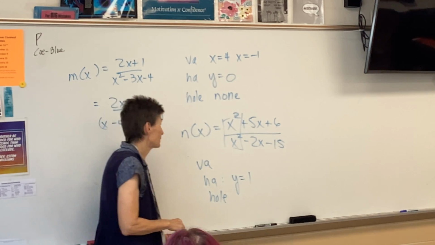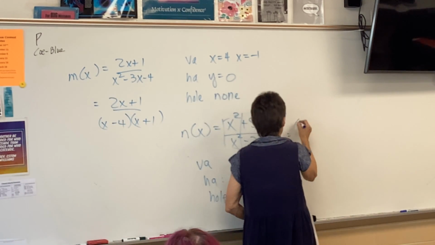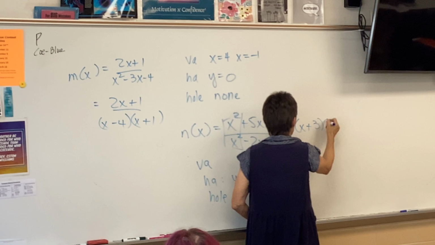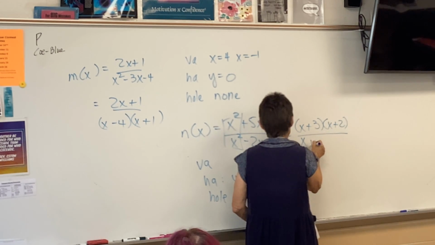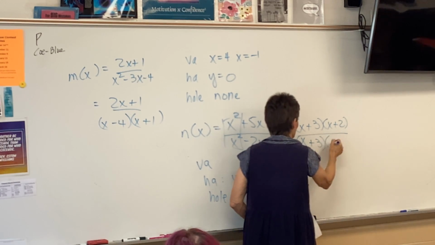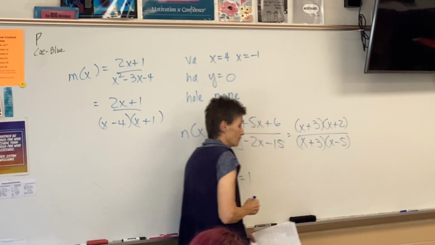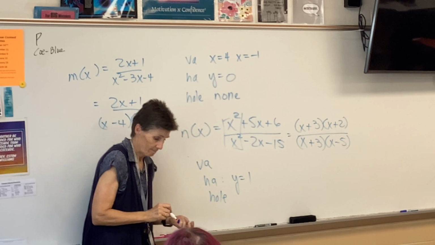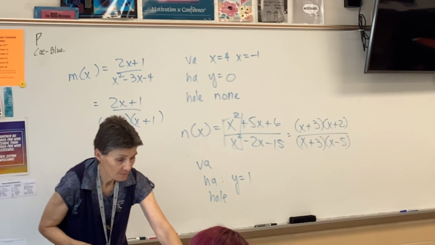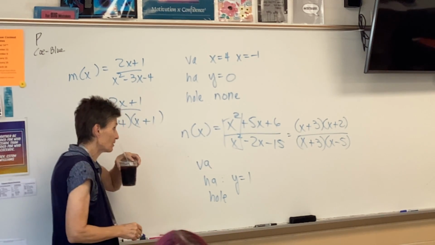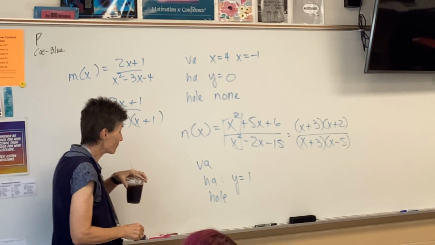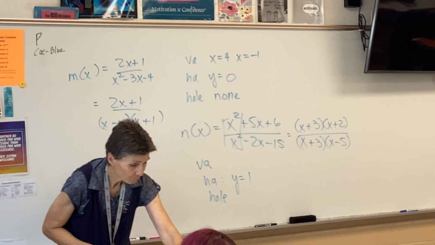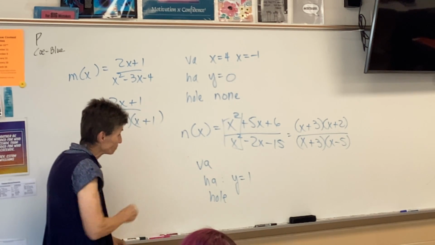I gotta factor it. So, x plus 3 times x plus 2, and x plus 3 times x minus 5. And then I will double check my factoring, make sure it's right, by foiling.